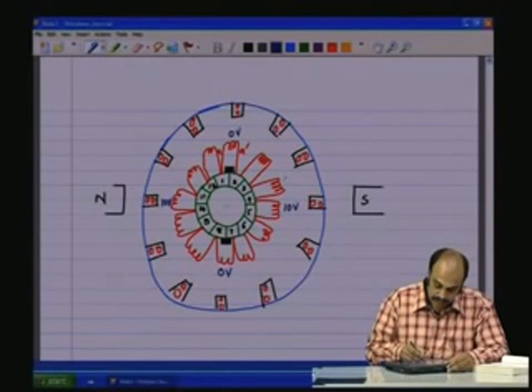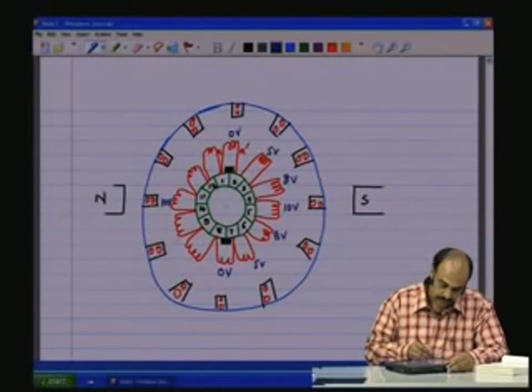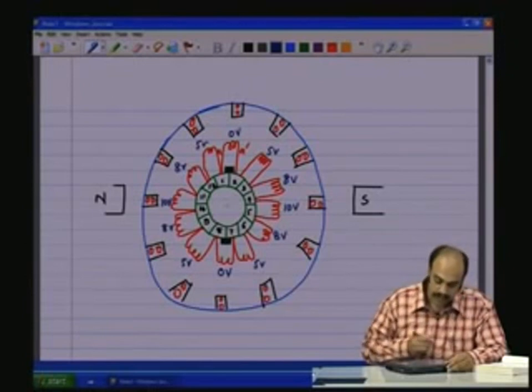Let us say the voltage here is 8 volts and the voltage here is 5 volts. So you have 5 volts, 8 volts, 10 volts, 8 volts, 5 volts, symmetrically distributed.